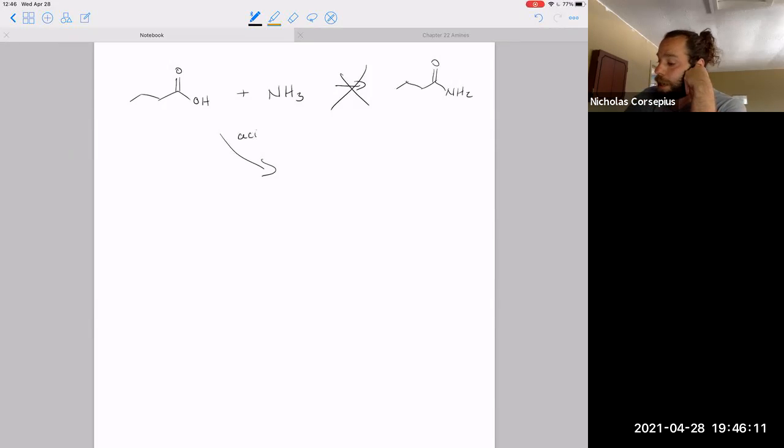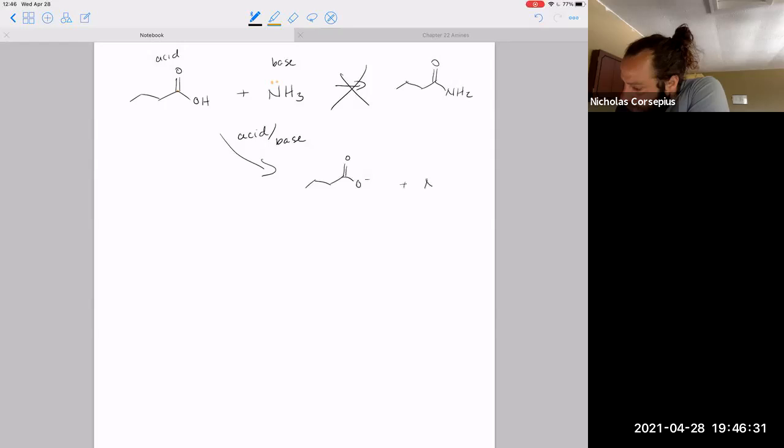So you would have just a simple acid-base reaction here, right? Because before anything complicated can happen with this being a nucleophile and this being an electrophile, this is an acid and our amines are bases. So all you're gonna get is a carboxylate ion and an ammonium salt. And that really messes things up because this is no longer an electrophile and this is no longer a nucleophile. Which is what we would need if we were trying to create an amide.